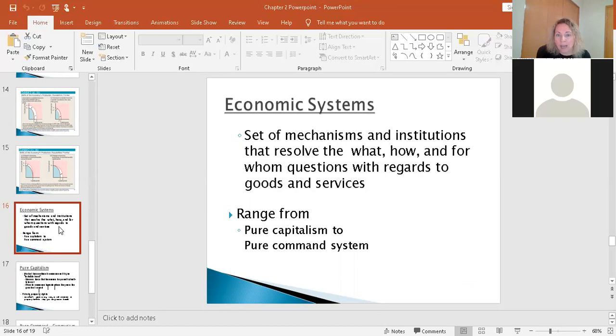There's not an economy out there that lies solely on one extreme end of this spectrum. Instead, we're all mixed economies. That doesn't mean that everybody lies in the middle, right? There are definitely economies that lie more towards capitalist or more towards command, but all economies in existence are some mix of the two, okay?